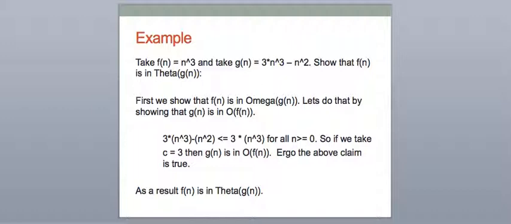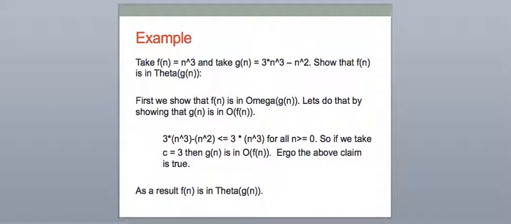The reason I can say that is because if we take away the thing that's subtracting from the main component, then obviously it would be bigger. So if we take c to equal 3 and capital N to equal 0, then we can see that g of n is in big O of f of n. Ergo, the above claim is true. As a result, we can say that f of n is in theta of g of n.